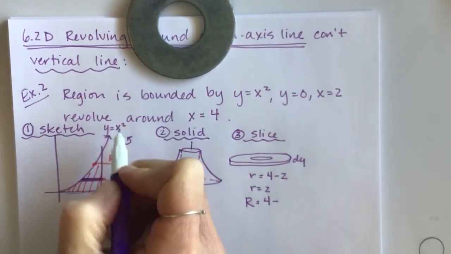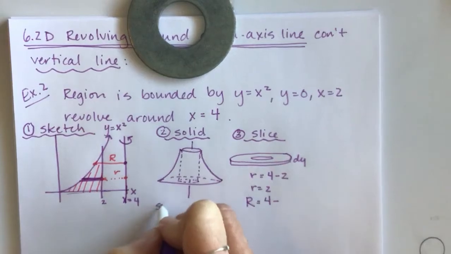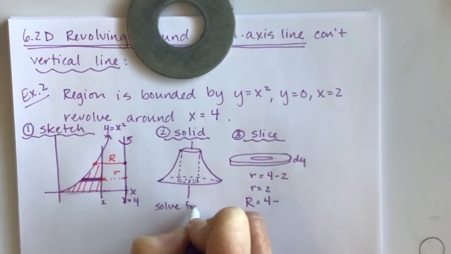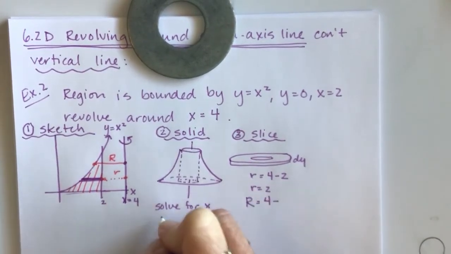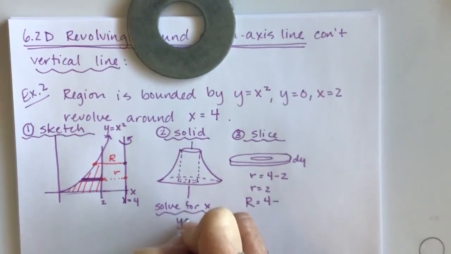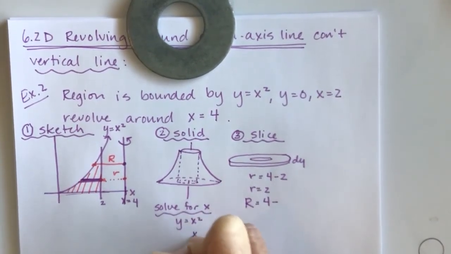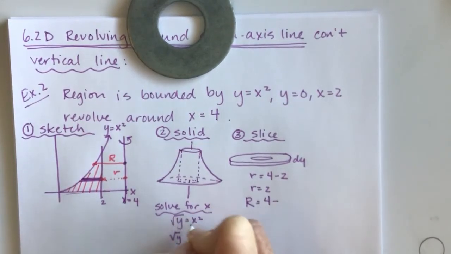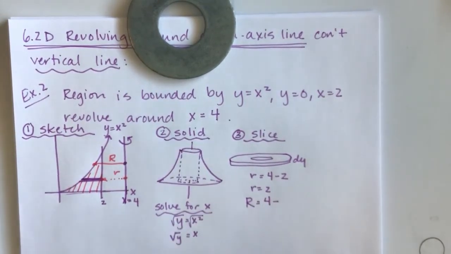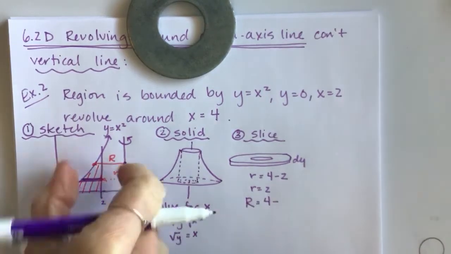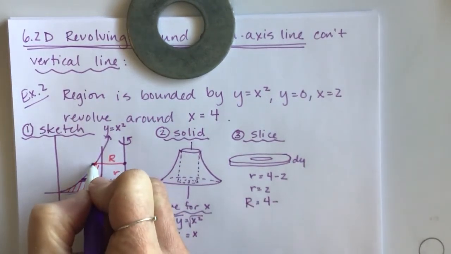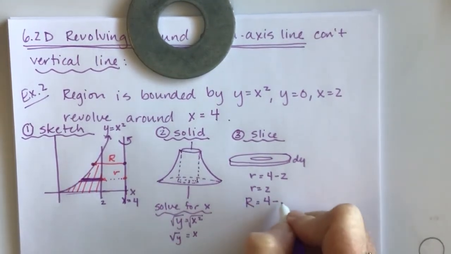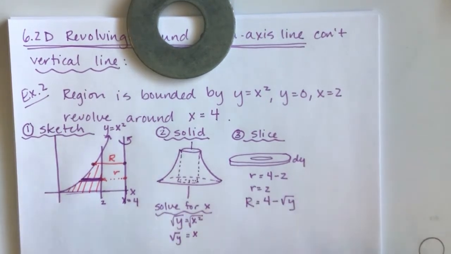We have to solve for x here. So if y is equal to x squared, then x is equal to square root of y, right? I just took the square root. And it's a positive root here because we're looking for a distance. So 4 minus root y is our big R.